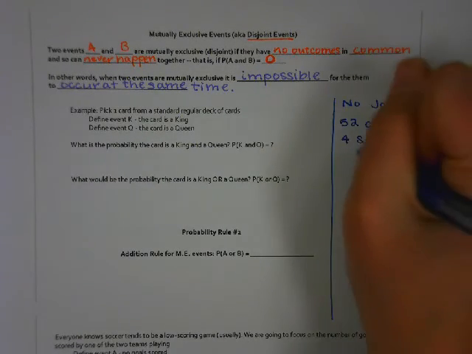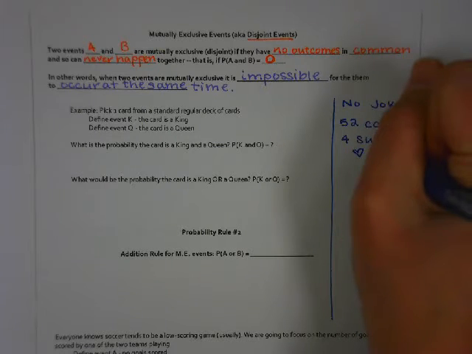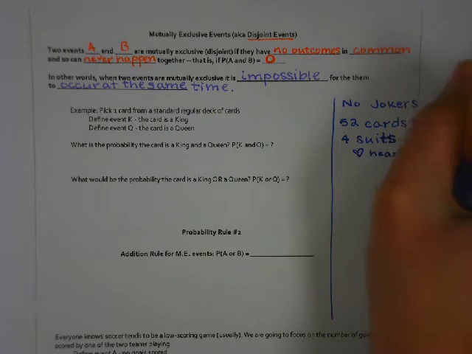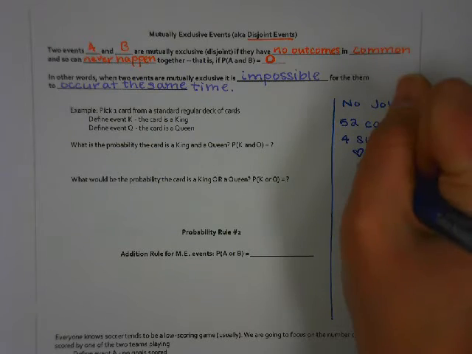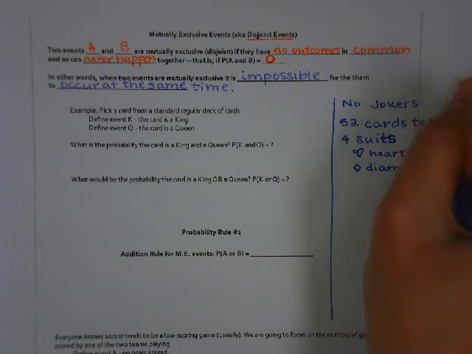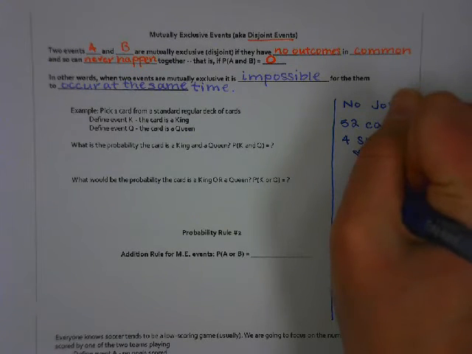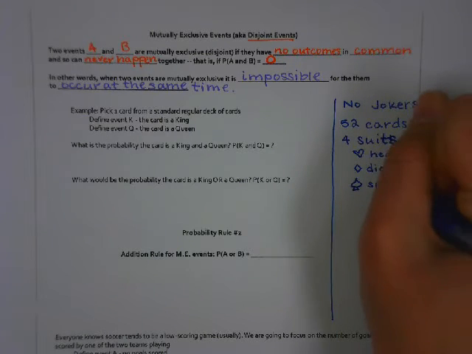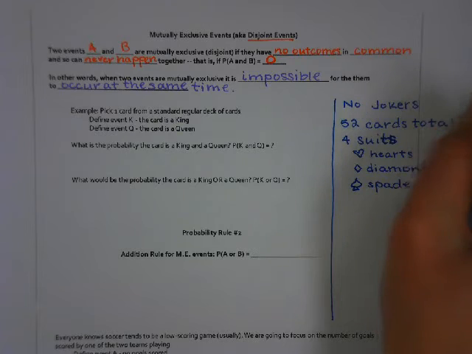So there's hearts, there's diamonds, there's spades, and then there's clubs.